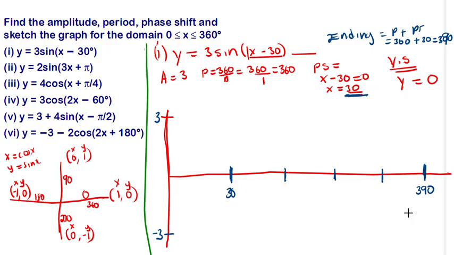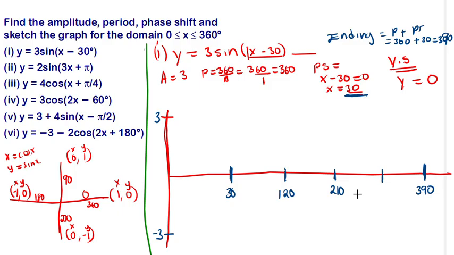I'll say 390 plus 30, the answer is 420, divided by 2. It gives me 210. That is between. Then I also say 30 plus 210, then divided by 2. The answer is 120.